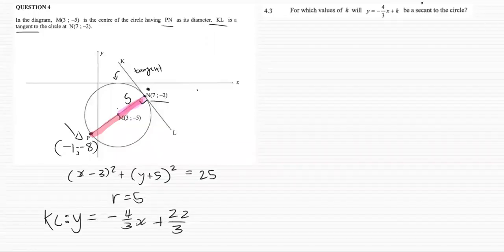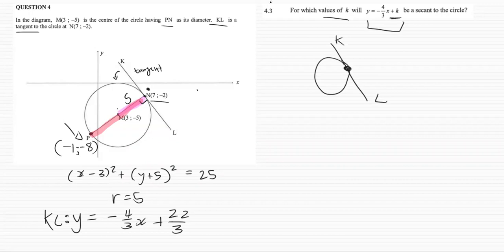For 4.3, for which values of k will this be a secant to the circle? Well, I've already seen that that's the tangent KL. So we're looking at the tangent KL, and it touches here. A tangent by definition touches the circle once.